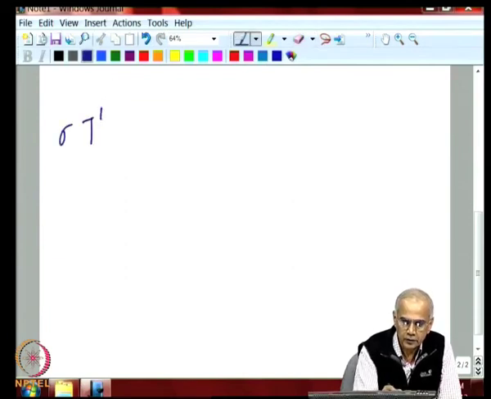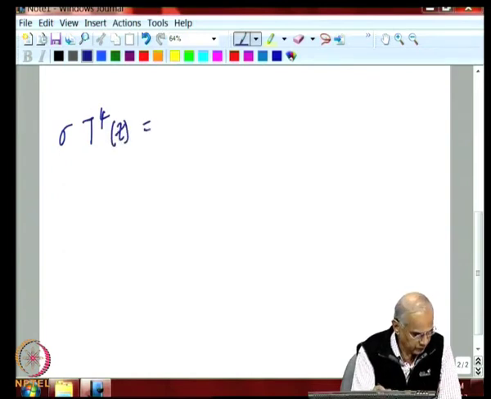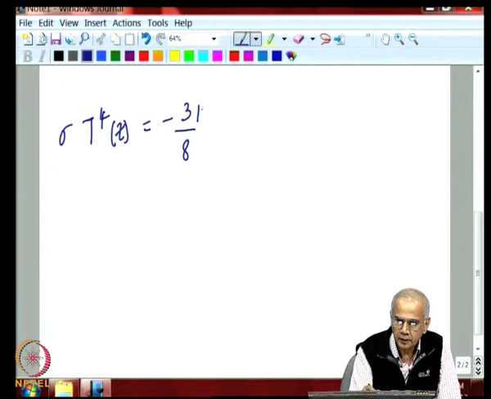The variation of sigma T to the power of 4 as a function of z will come out as minus 3 by 8K into S dot z squared.